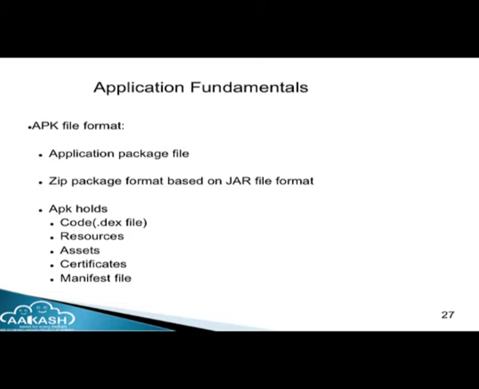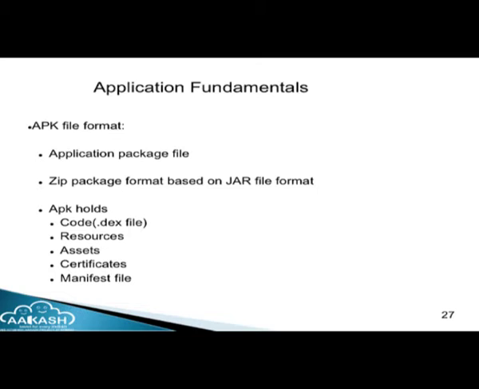So .apk will have, along with code, a lot of other things. There are resources. What are resources? Anything other than your code is a resource. If you want to play some video, show some images, or place some file, it would be in the resources. Similarly with assets. Then some certificates if your device needs to sign. Then the manifest file. Manifest is a pretty important file in an application because it's like a controller file.